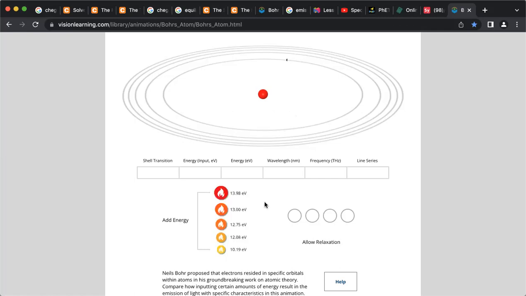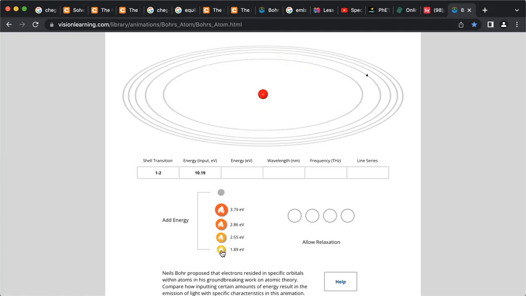Of course, if I add 13.98 electron volts, I will ionize the hydrogen atom from just one hit of energy. But that is very important and answers the question.